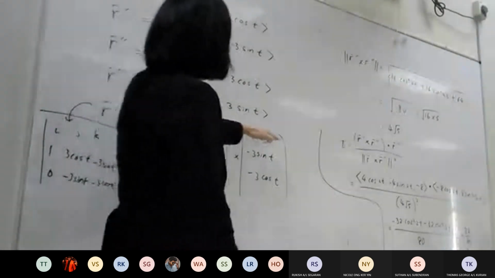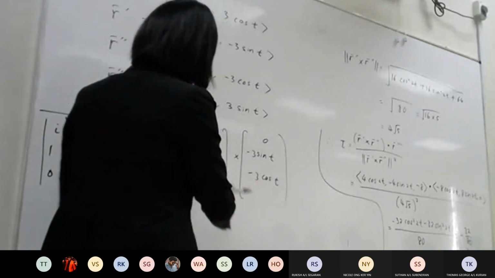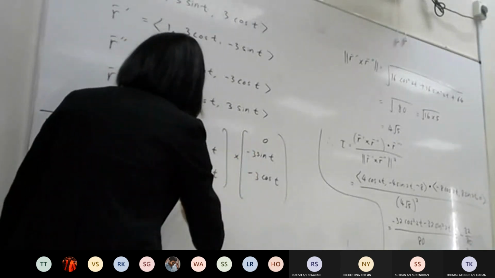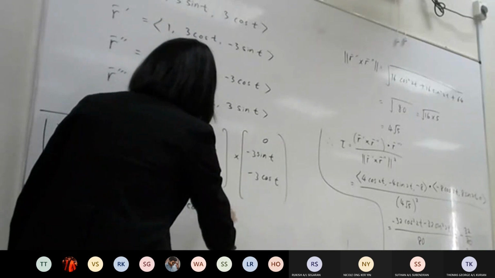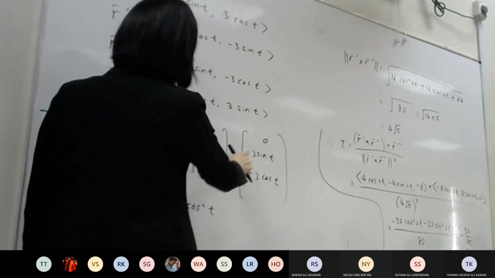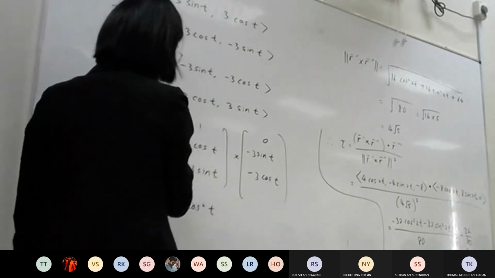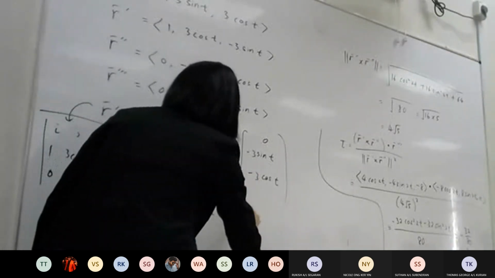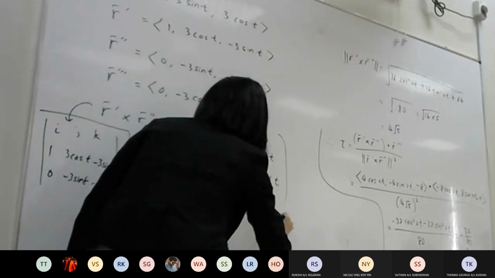You cover the first column, ad minus bc. So ad gives negative 9 cos squared t minus, this one you give positive, minus 9 sin squared t, which is for i.